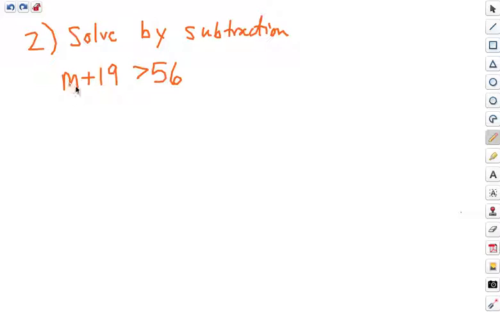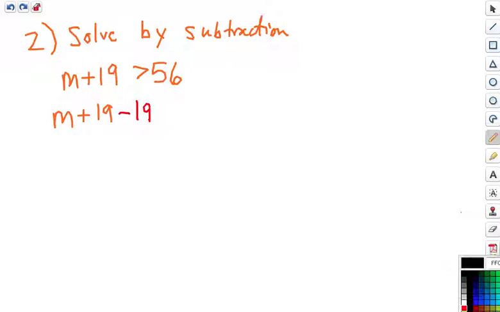We're trying to get m by itself, so we're going to use subtraction. That's the opposite of the addition there. So we have m plus 19 minus 19 is greater than 56 minus 19.